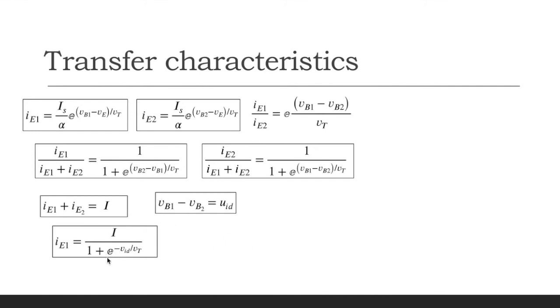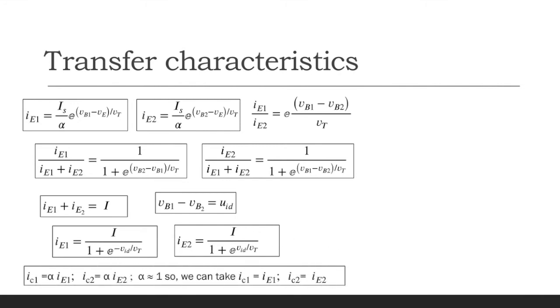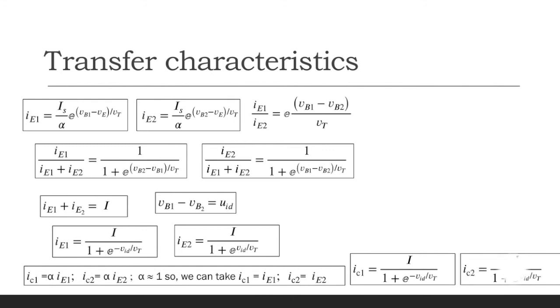Putting this value, I get IE1 as 1 upon 1 plus e to the power minus VID by VT, and IE2 as 1 upon 1 plus e to the power plus VID by VT. As we all know, IC1 is alpha times IE1 and IC2 is alpha times IE2, and alpha is approximately equal to 1. This gives us IC1 approximately equal to IE1 and IC2 approximately equal to IE2, and so we can write the two collector current values. IC1 is this and IC2 is this.